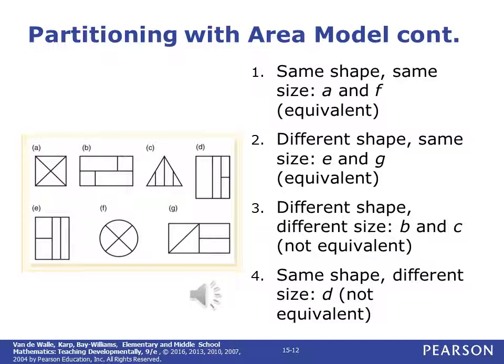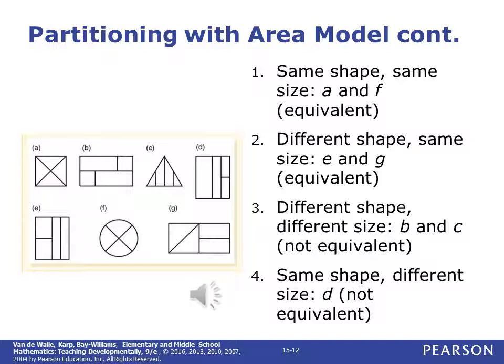And upon greater investigation, they might realize that E and G also represent fourths because the partitioned areas are taking up the same size even though they're not the exact same shape. But you would want students to think even further to tell why B, C, and D are not representing fourths.